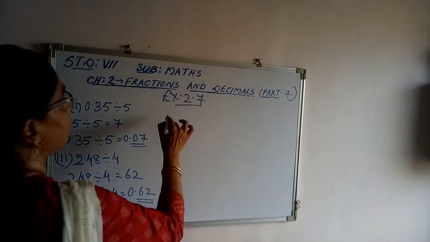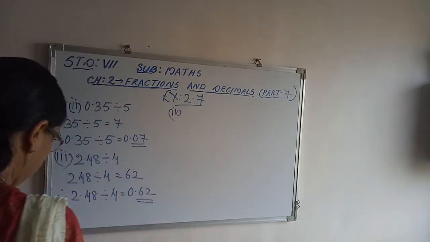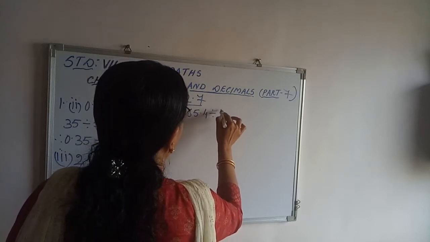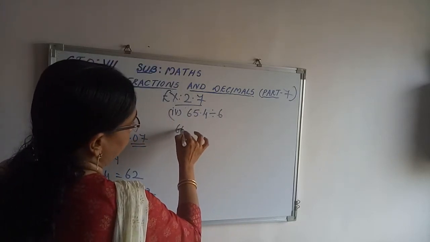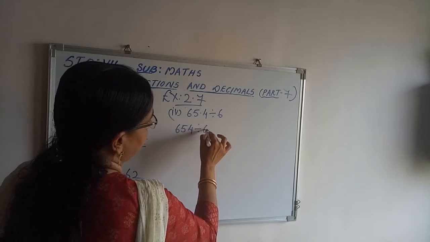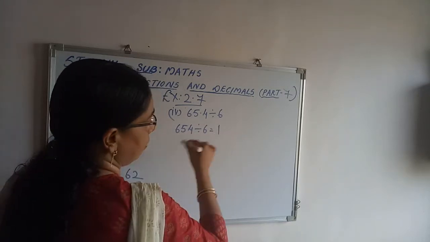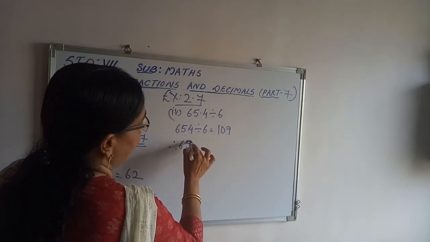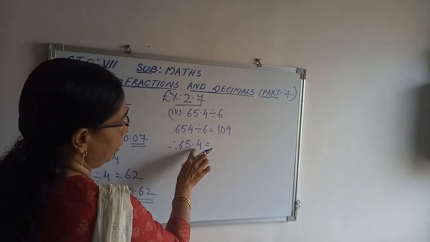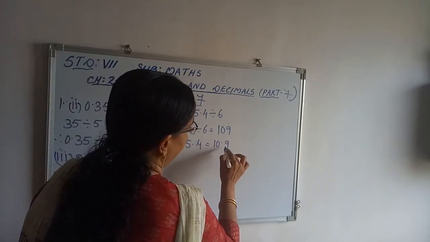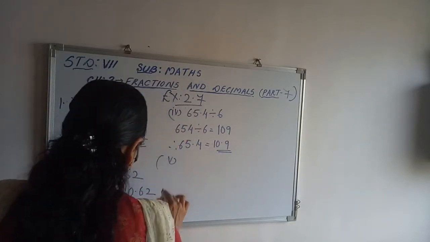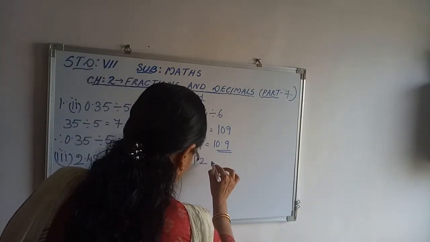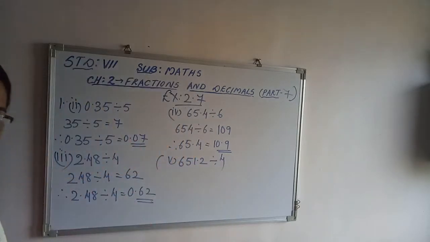Now, fourth one. 65.4 divided by 6. What is 654 divided by 6? That's equal to 6 ones are 6, 0 and 9. Therefore, 65.4, how many decimal places? 1. So 10.9. Now fifth one. 651.2 divided by 4. Is that clear?